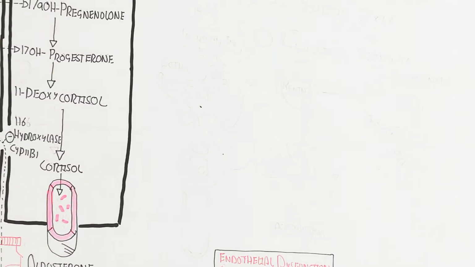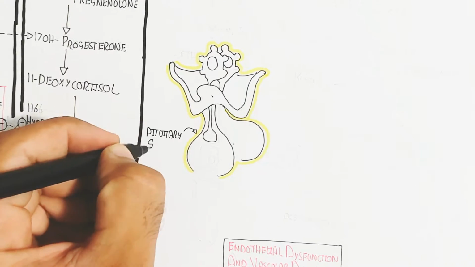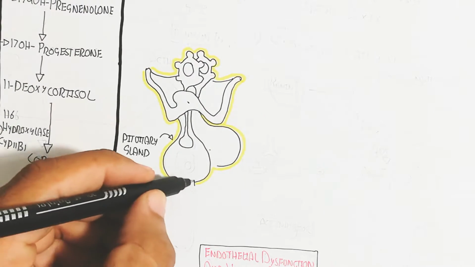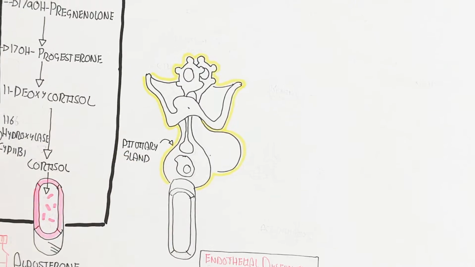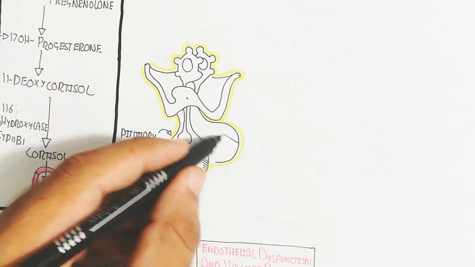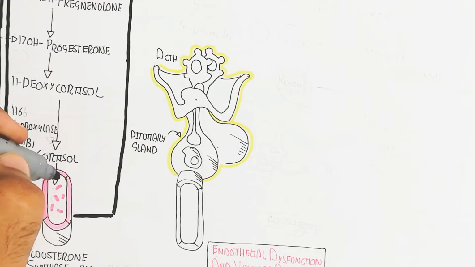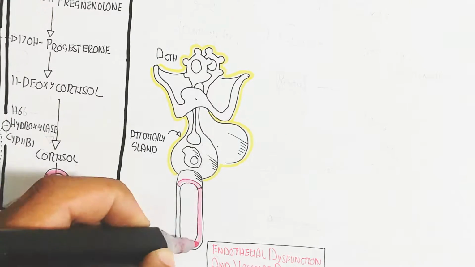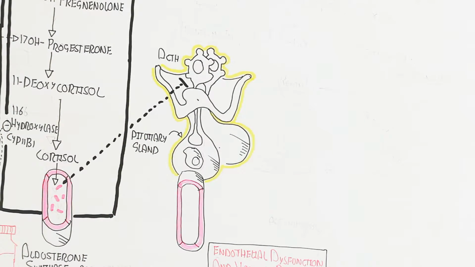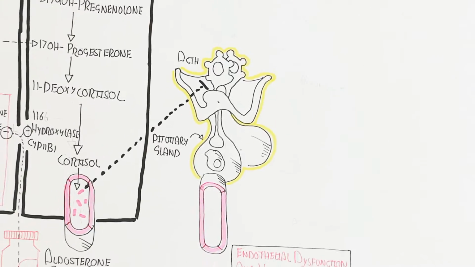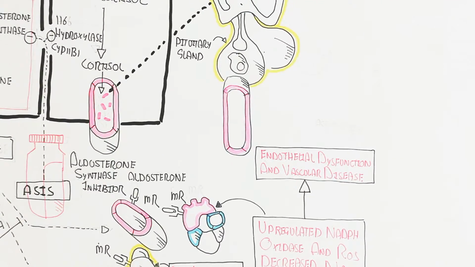Naturally, it can be inhibited when excessive cortisol is produced, which inhibits the hypothalamus and leads to inhibition of ACTH. ACTH is responsible for the stimulation of the adrenal gland, through the adrenocorticotropic hormone, and it targets the adrenal gland.